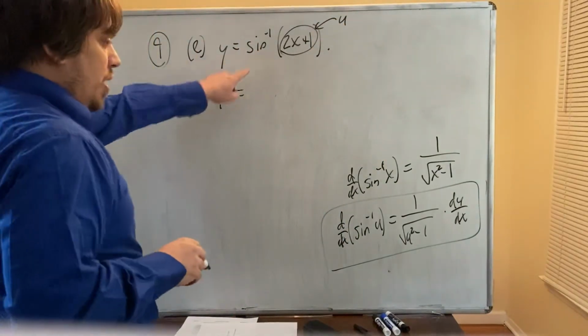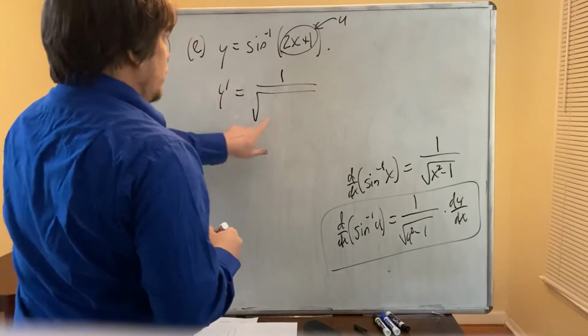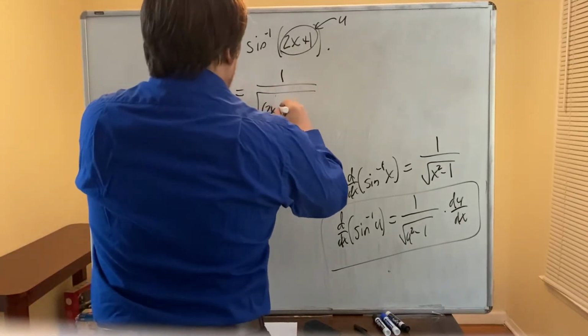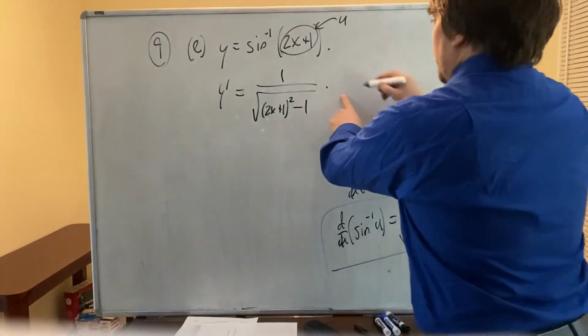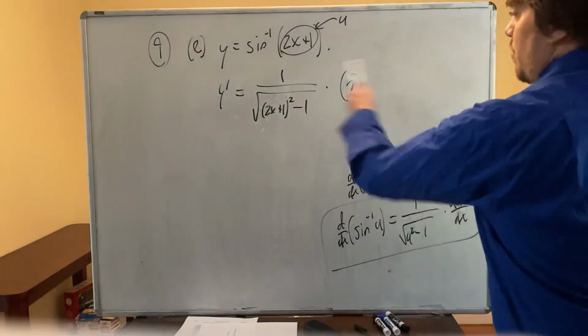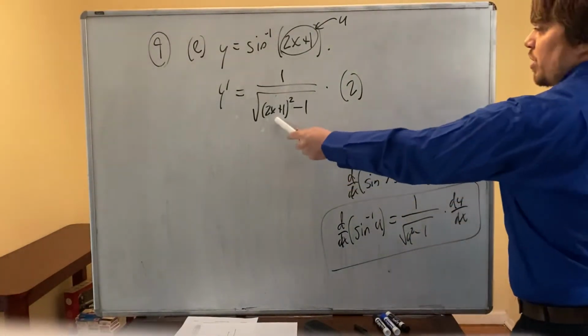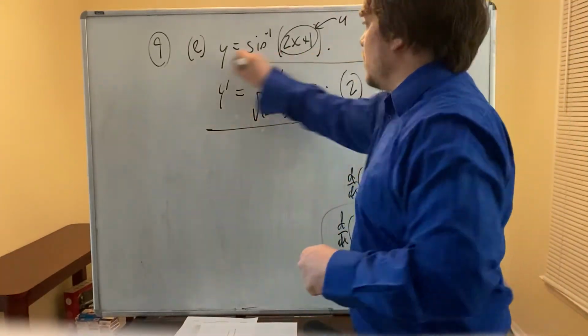And so y prime is 1 over the square root of 1 minus u squared, which is 2x plus 1 squared, times the derivative of u, which is just 2. So y prime is equal to 1 over the square root of 1 minus 2x plus 1 squared, times 2. That's the answer to E.